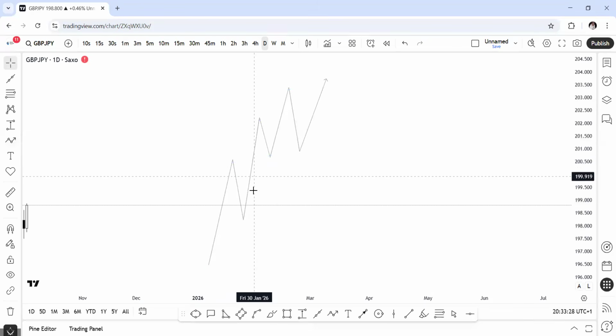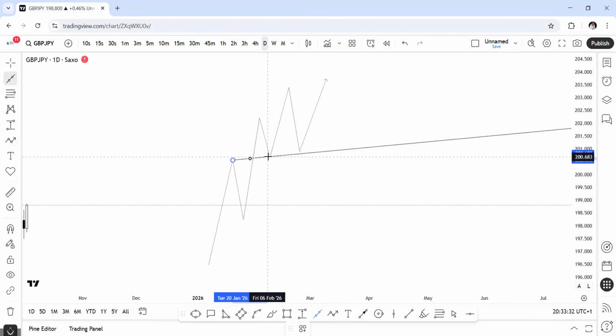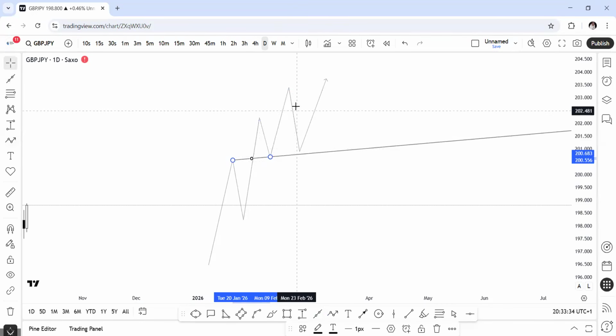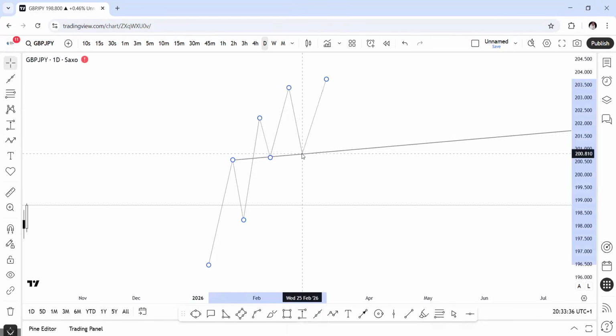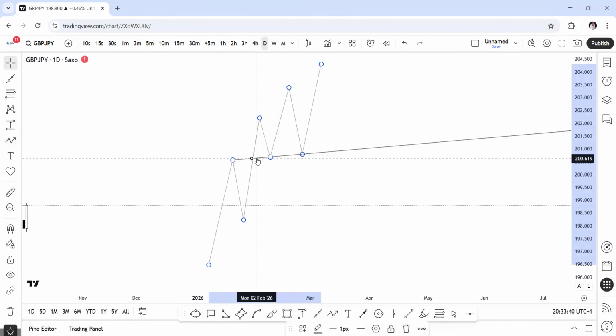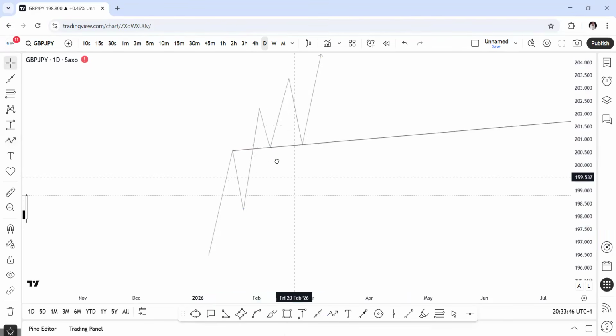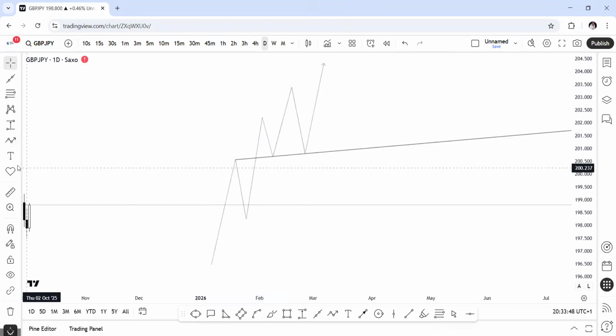This is the breakout here. We have the first resistance, then it turns to support, price moving again, third point, then it rejects that trend line with an SnR here, then it goes higher. That is for buy.